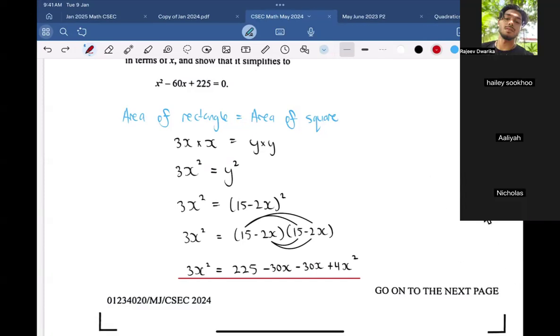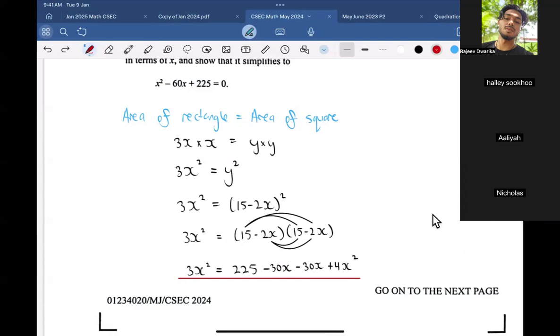I rearranged it, right? So I put 4x squared first and then minus 30x, minus 30x. Well, let me ask you a question, Haley. Could you have simplified that? Once it's the same kind of term, a like term, you could simplify it.